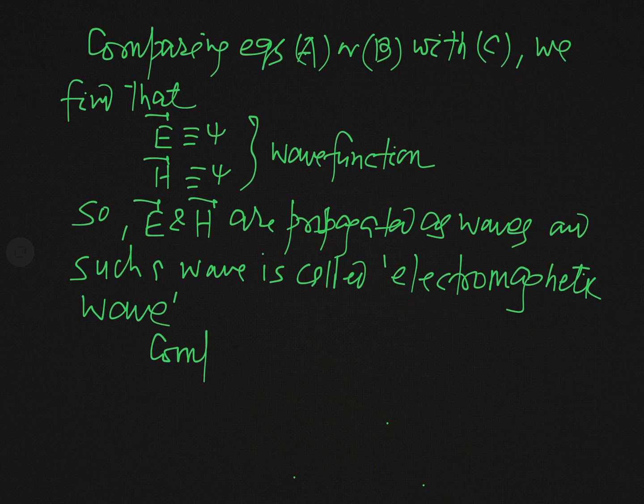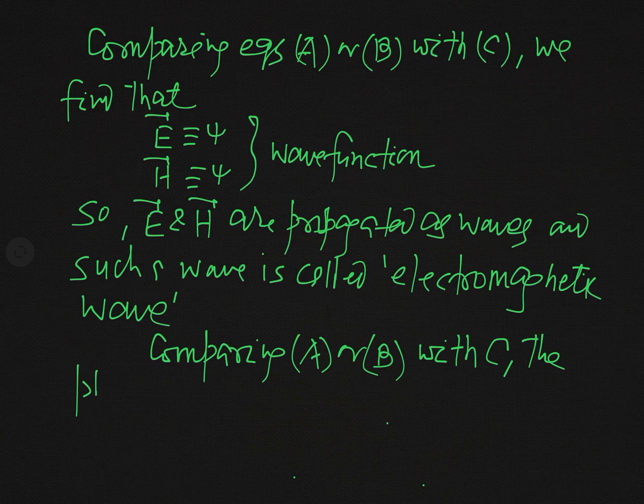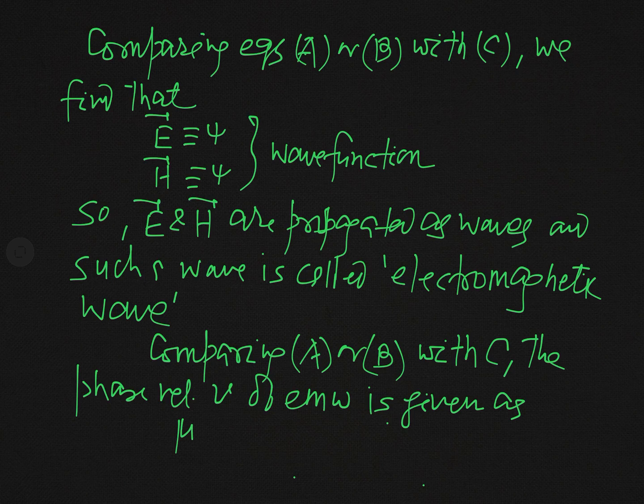So comparing A or B with C, the phase velocity V of electromagnetic wave is given as, you can write mu epsilon is equal to 1 over V square, and so from here we can find the phase velocity V in isotropic dielectric medium as 1 over root over mu into epsilon, and say this is equation 3.